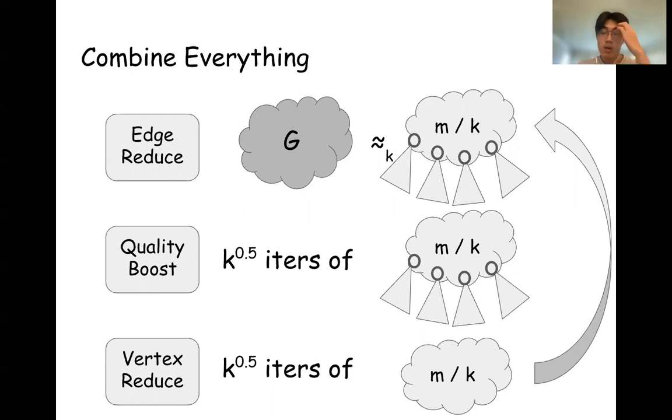Then on this simpler graph, we can use vertex reduce to show that we only care about this graph of size n over k. Then to solve this size n over k graph, we can recursively apply the same algorithm again. By solving the recursion, this gives the desired near linear running time.